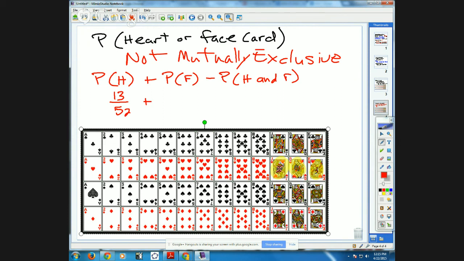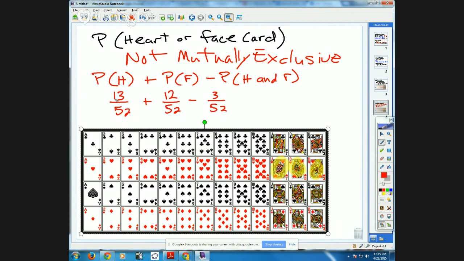Face cards, there are 3 times 4 or 12 of them. But I just counted these 3 cards twice. I counted them in the heart section and I counted them in the face card section. So then I have to subtract the intersection, which are the 3 face hearts. And so then I have to subtract 3 out of 52.